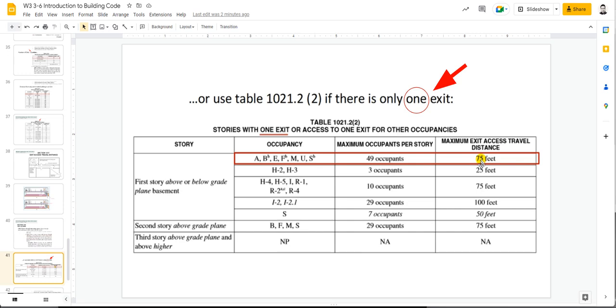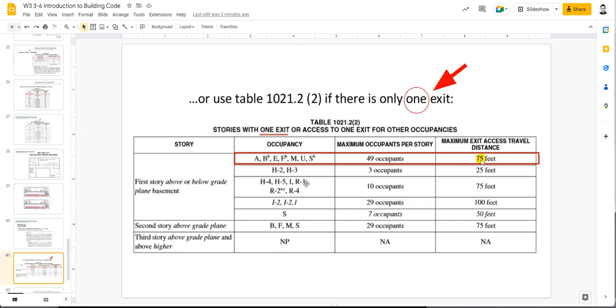Okay, but that's very, very small if you've got multiple stories. Now we're not talking about residences, okay? We're talking about assemblies, because residences are R3, and you can see there's no R3 here.